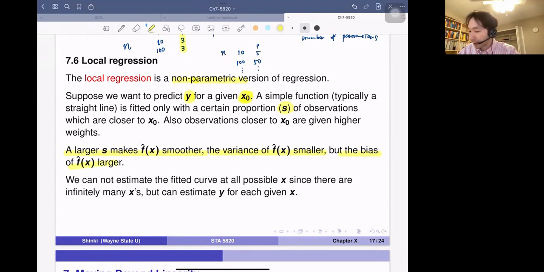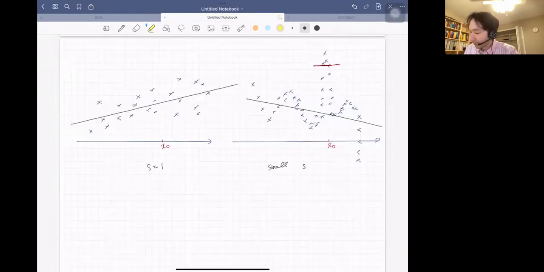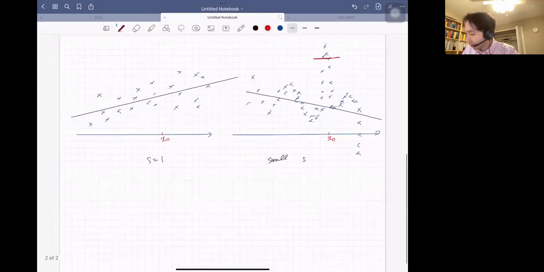So you can see that if we use the straight line for this data set, then the bias is large. Probably the true expected value of y when x is equal to x0 is around here, but our estimate is here, so the bias is large.